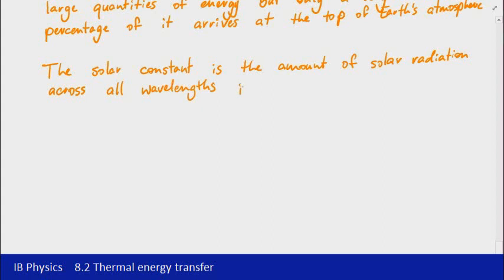And we need to be a little bit clear as well about how long. So it's the amount of energy in 1 second, and if we're talking about the amount of energy in 1 second, we're really talking about power, and we also need to identify what sort of area we're dealing with, and that will be 1 square meter.